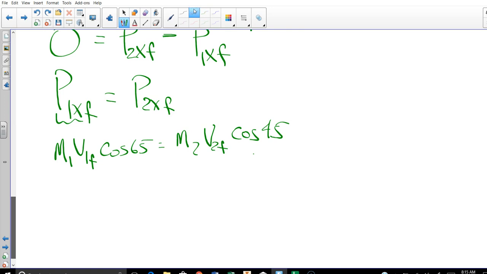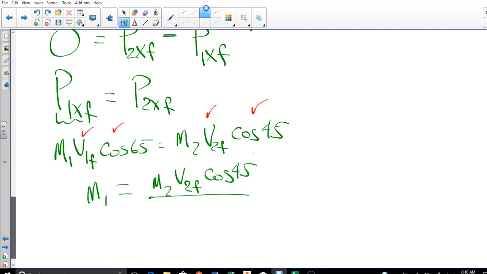Now the momentum part is done because we know this, this, this, and this. Everything else from here on out is just some algebra. I think probably the best way to go here is to solve for M1. We'll call that M2 times V2 final times the cosine of 45 divided by V1 final and the cosine of 65.